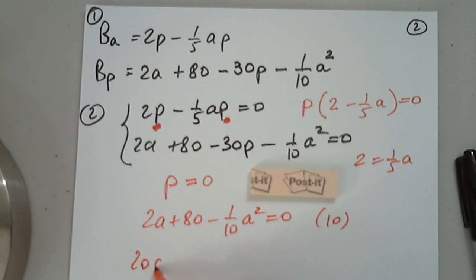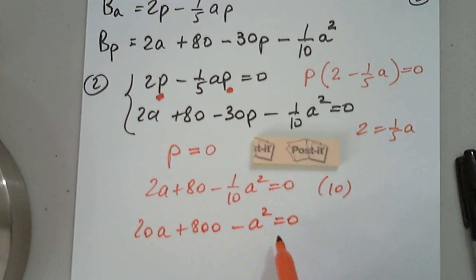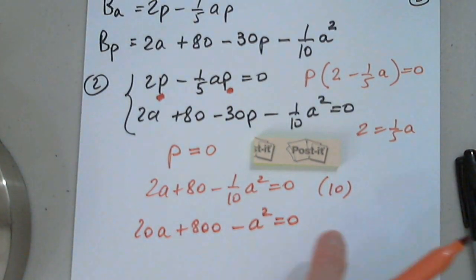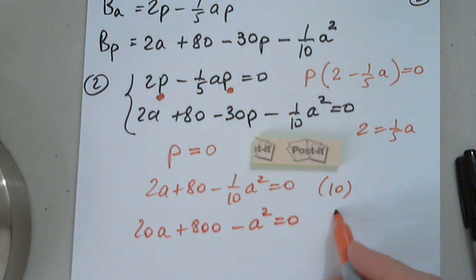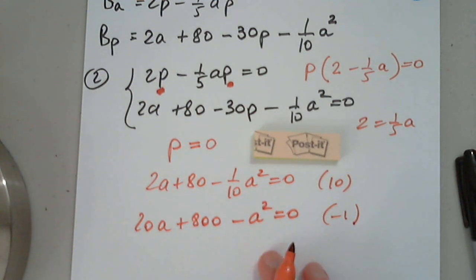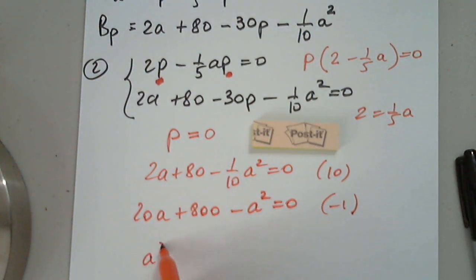So I have 20a plus 800 minus a squared equals 0. And now I will rearrange, moving everything to one side, or multiply both sides by -1, whatever you want to say, but it has to be arranged in descending order. So we have a squared minus 20a minus 800 equals 0.